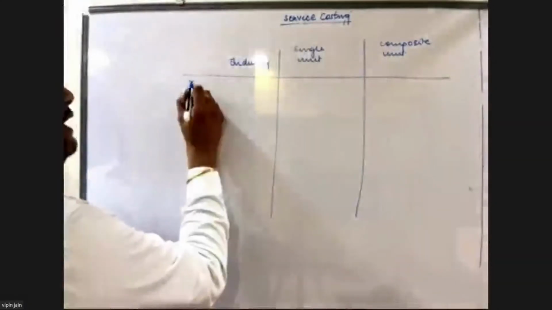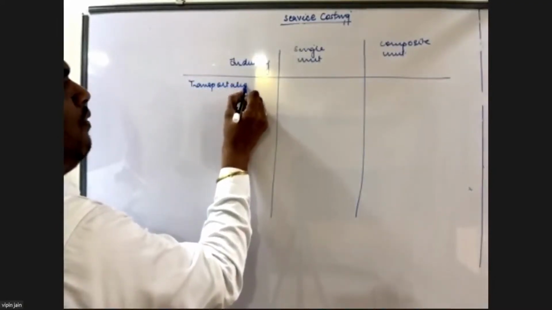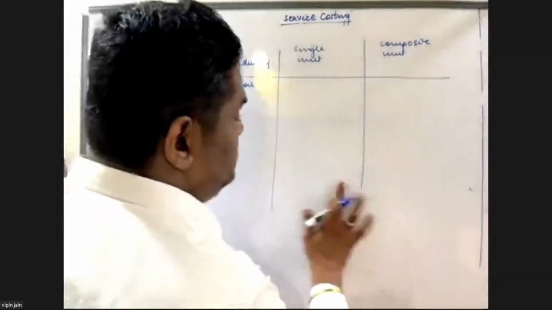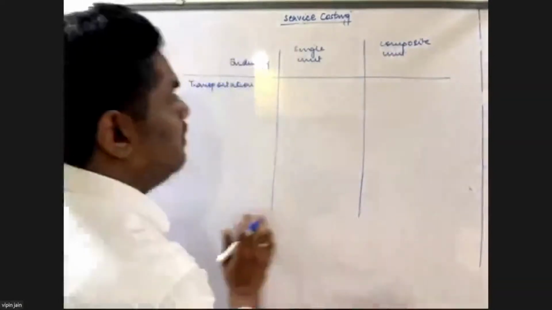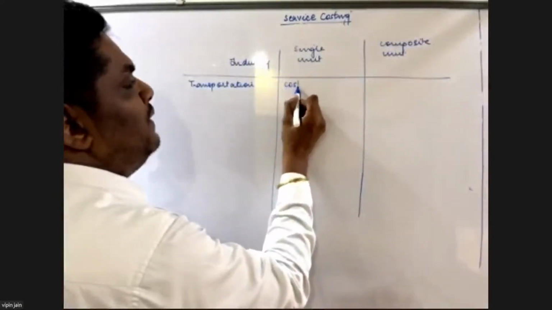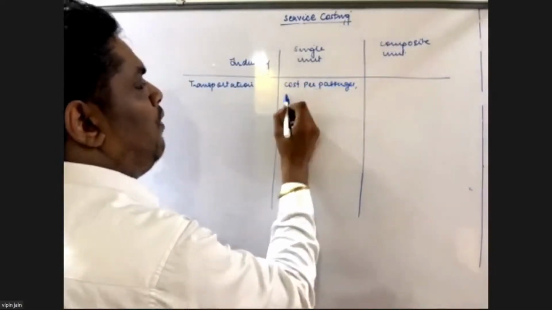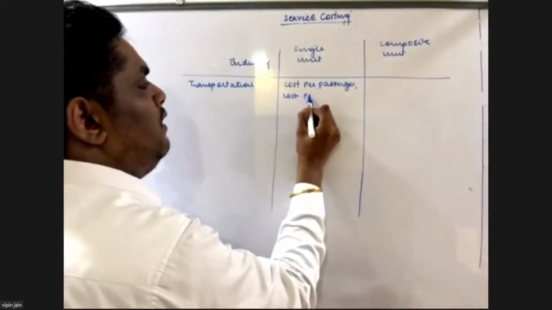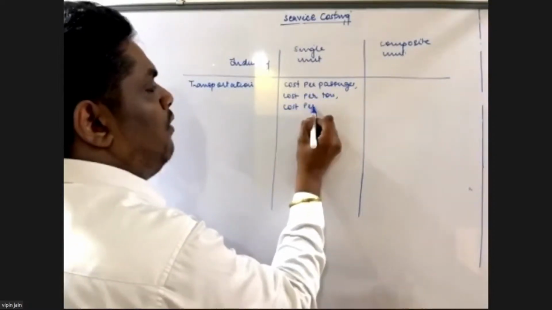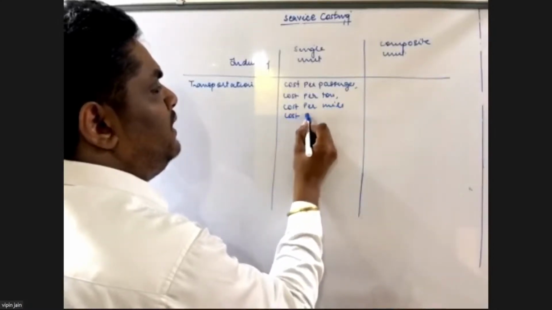So when talking about the transportation industry, the single unit can be cost per passenger, cost per ton, cost per mile, cost per kilometer.